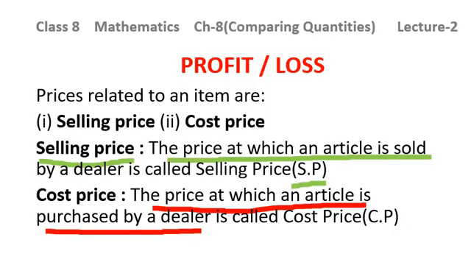Selling price is the price at which an article is sold by a dealer, SP. Cost price is the price at which an article is purchased by a dealer, CP. I hope all these terms are clear to you.